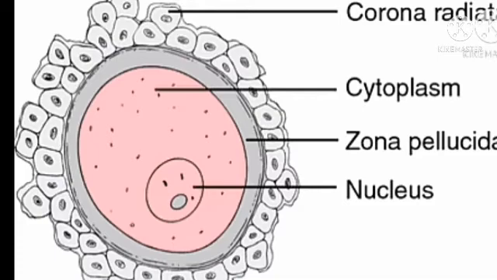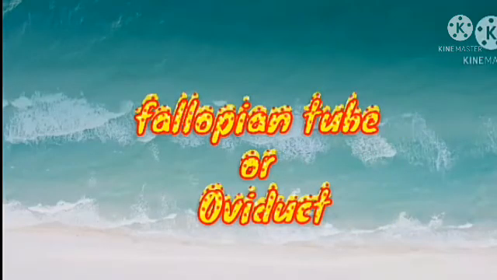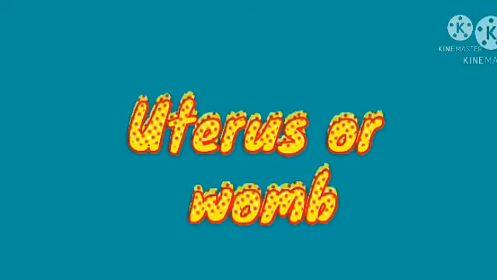Next, we have another part of the female reproductive organ, which is the tube, popularly known as the oviduct. The oviduct is the tube that connects the ovary to the womb, which is the uterus. The uterus is where the baby is implanted, so the womb is where the baby develops.